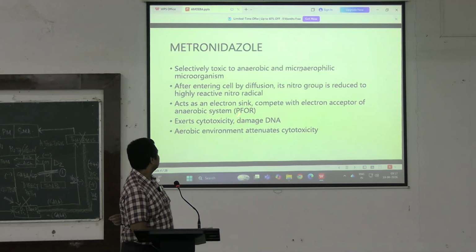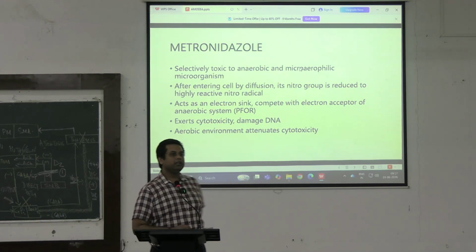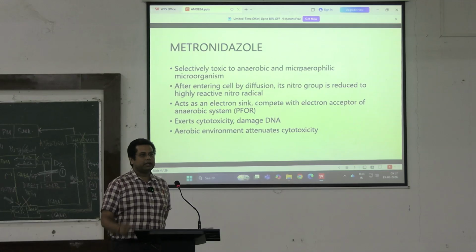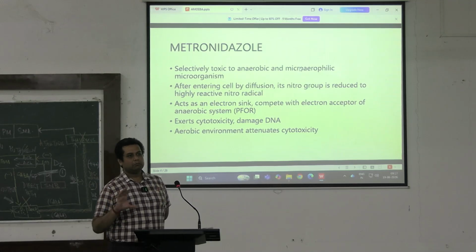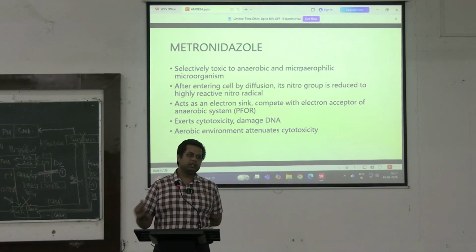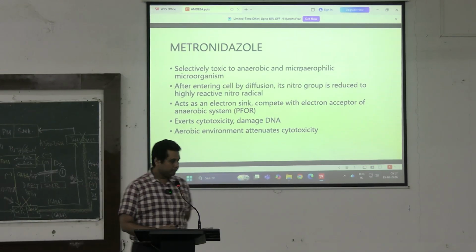So it is toxic to anaerobic and microaerophilic organisms. The reactive nitro radical is required; microaerophilic conditions are required for production of this reactive nitrogen radical.